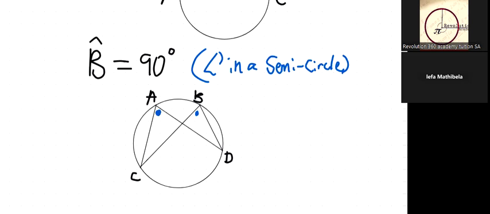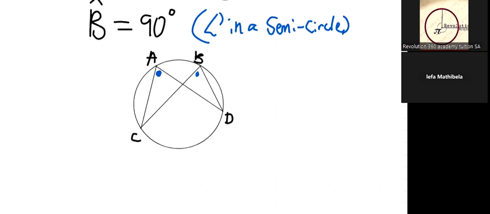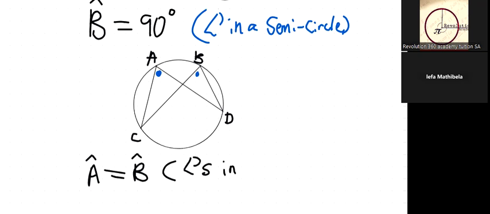Let me write it here. Angle A equals angle B. So that is angles in the same segment, or angles subtended by the same arc or chord. So you write: angles in the same segment.